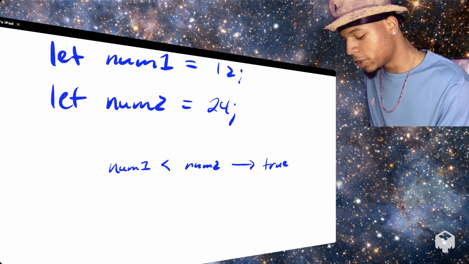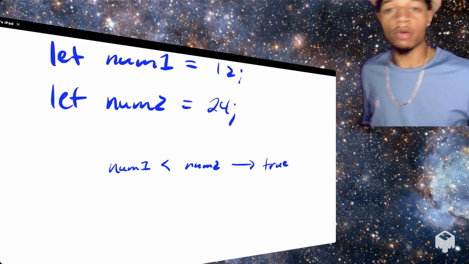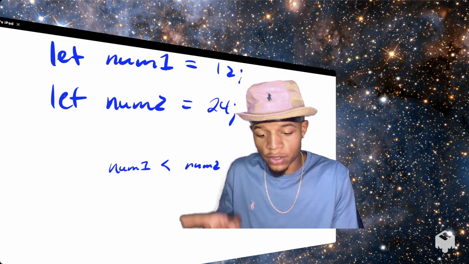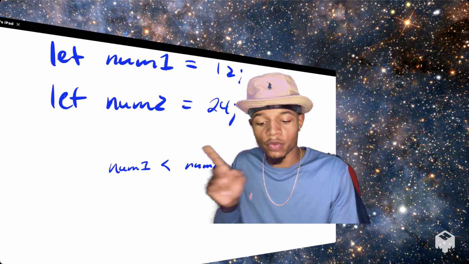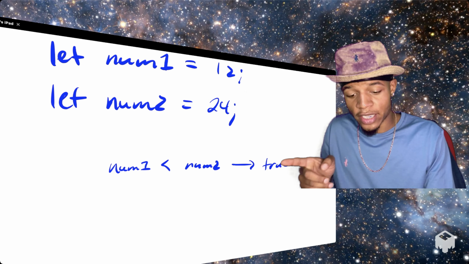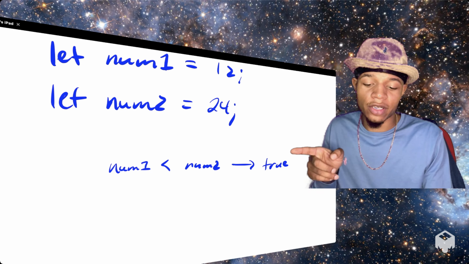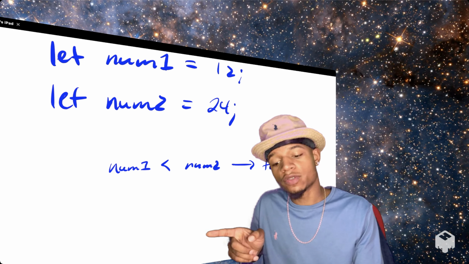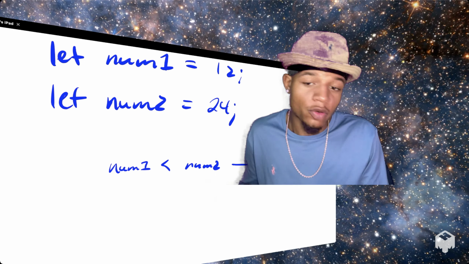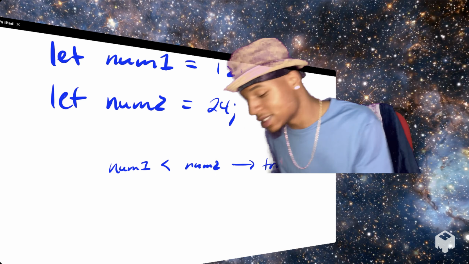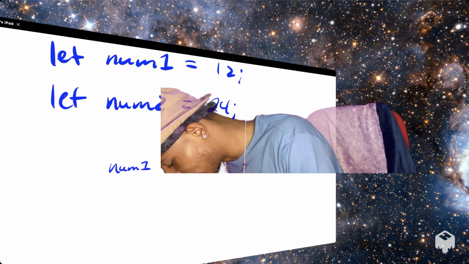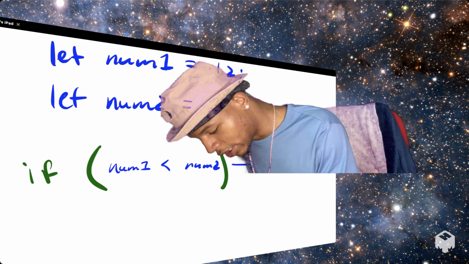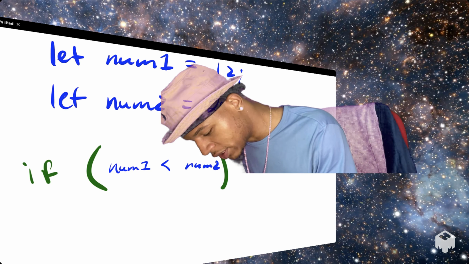What if I wanted to do something specific if num1 was less than num2, like, that's true? How would I write that in the code? If num1 is less than num2, do something specific, else, do something other specific. Well, the JavaScript syntax for writing that is like this. If, and you put the condition around it, you don't have to say true here, and you put these curly brackets.